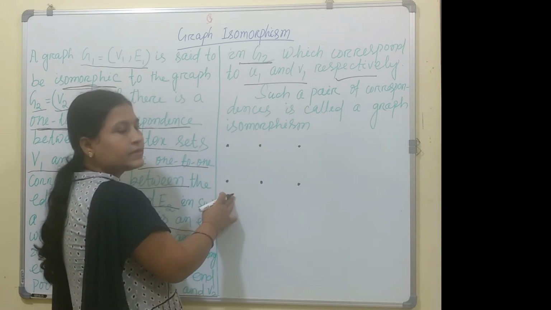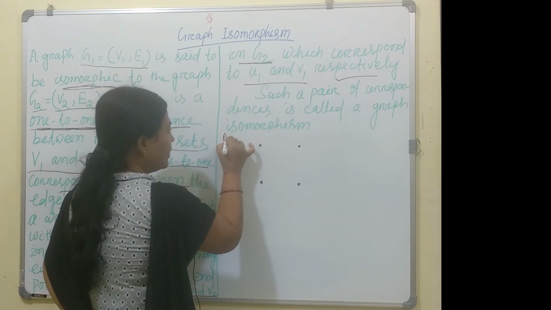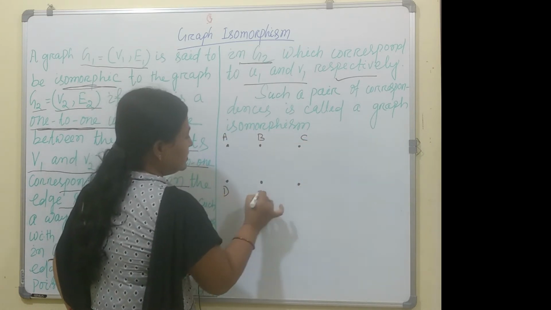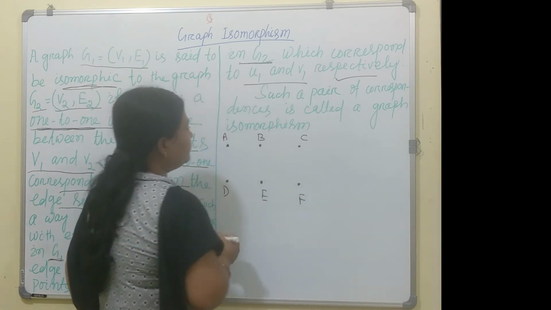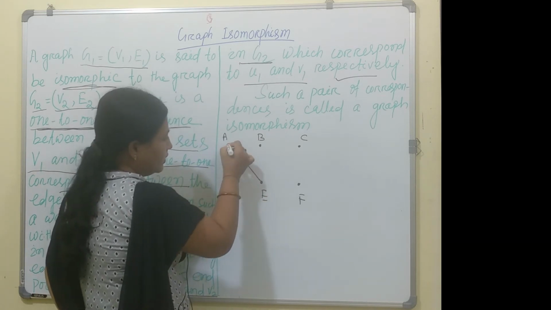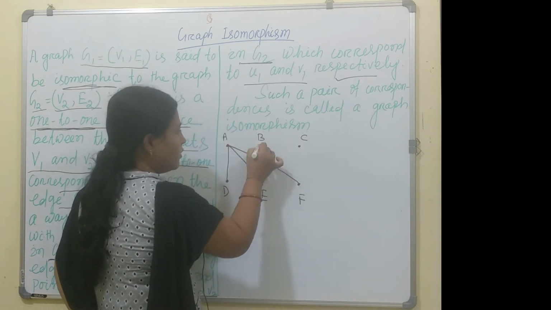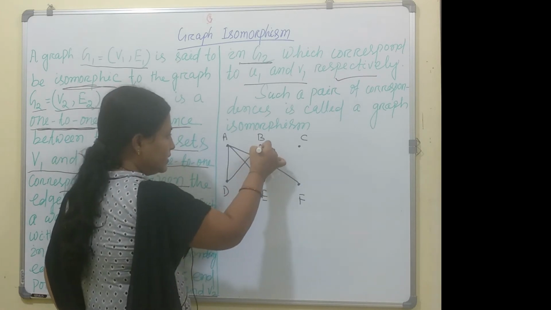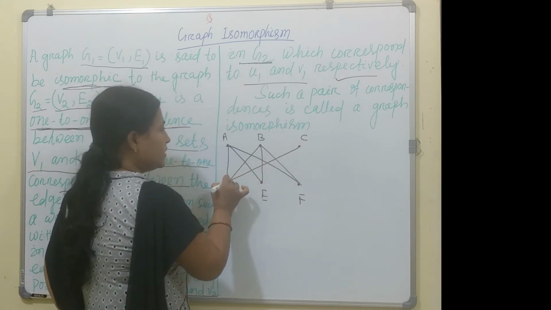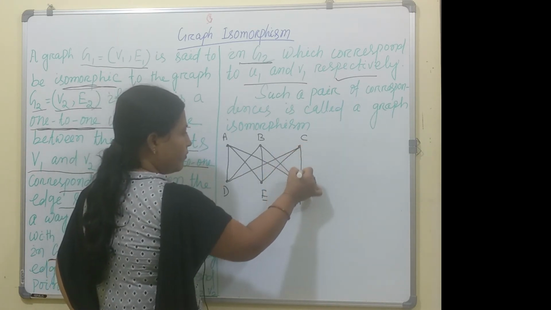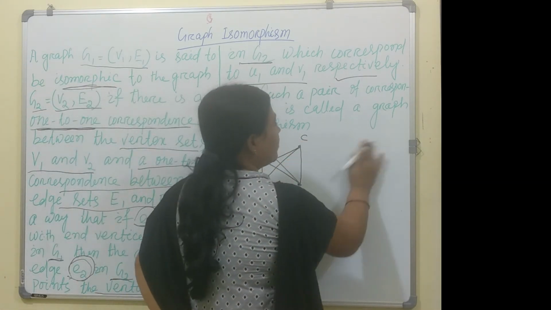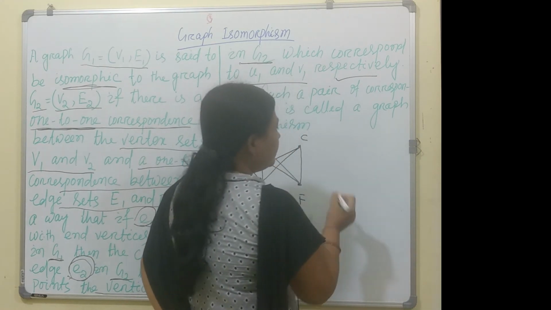It has 6 vertices and we can take the vertex sets A, B, C, D, E, F. And A is joined with edges D, E and F. B is joined with edges D, E, F and C is joined with edges D, E, F. So this is a complete bipartite graph and we can take another graph.